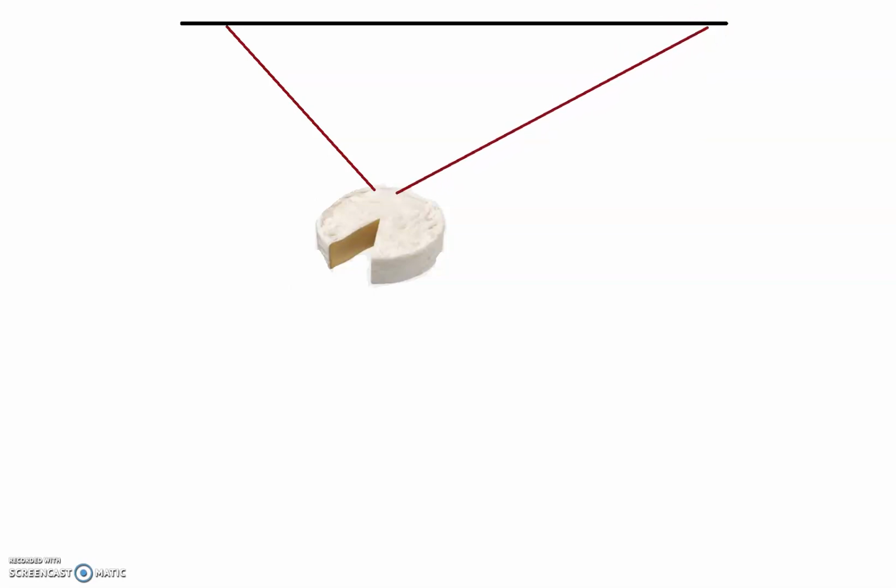There we go. And let's see. Let's say we got a 5.5 kilogram block of cheese. Let's say this is at 68 degrees right there, and let's say there's 46 newtons of tension in that cable. And I want to know, what is the tension in my second cable?